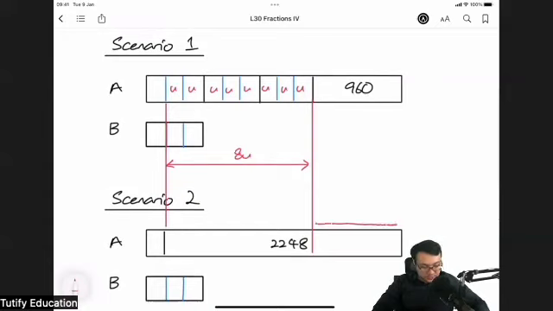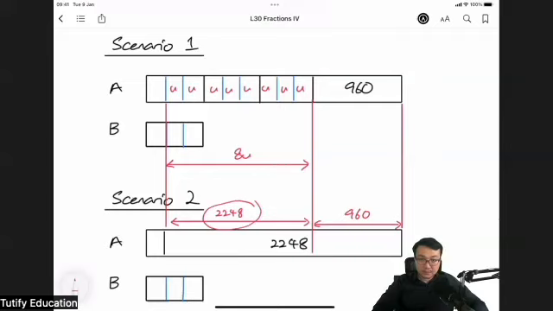And do you agree that this is equal to 960? Yes or no? Same length here, right? And so if this is 960, then this must be how much? The whole thing is 2248, right? Can I say that this is 2248? Yes or no, Azim?